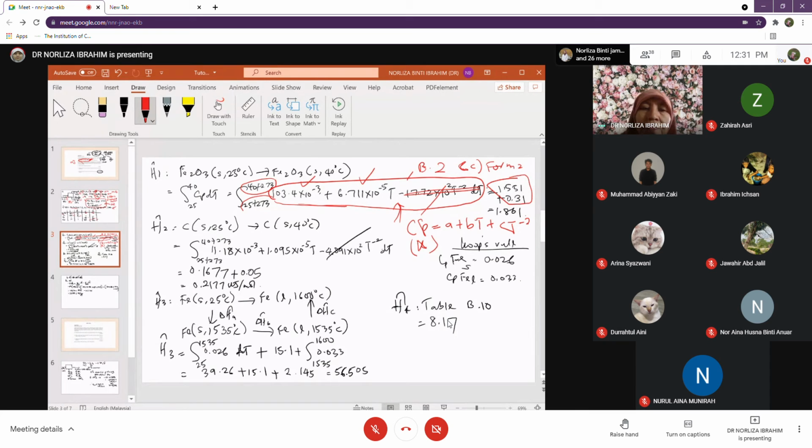So for H2, H2 is for the carbon. The carbon is also there in table B2, also in form 2.